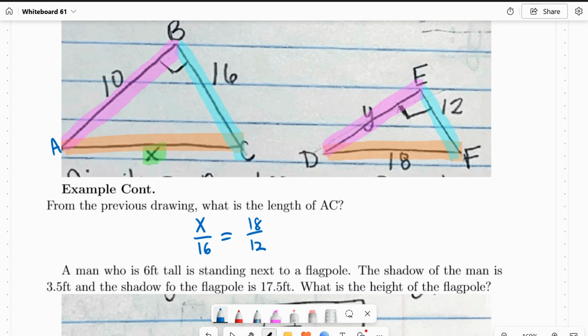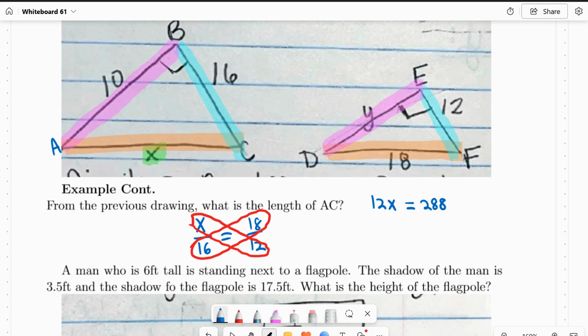Okay? Once you've set up your proportion, then you are going to use the cross product to solve for your missing value. So, for the cross product, we are going to multiply diagonally within our two fractions. The first thing here, I've got x times 12, which is just 12x, and then 16 times 18, which is 288.